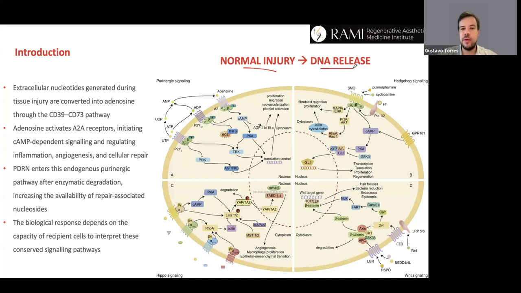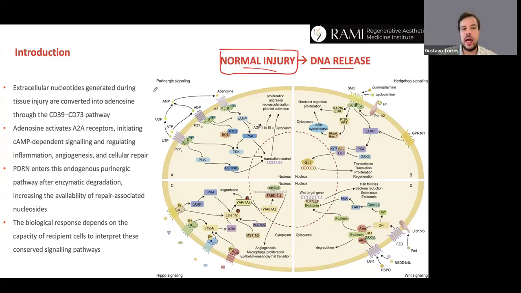The same thing happens for different reasons when a pathogen enters, and we have both cell destruction and cell apoptosis happening due to the normal function of certain leukocytes. But let's stay with a normal injury. Let's say simply our body was injured. Cells were broken, split, and DNA gets delivered to the tissue.